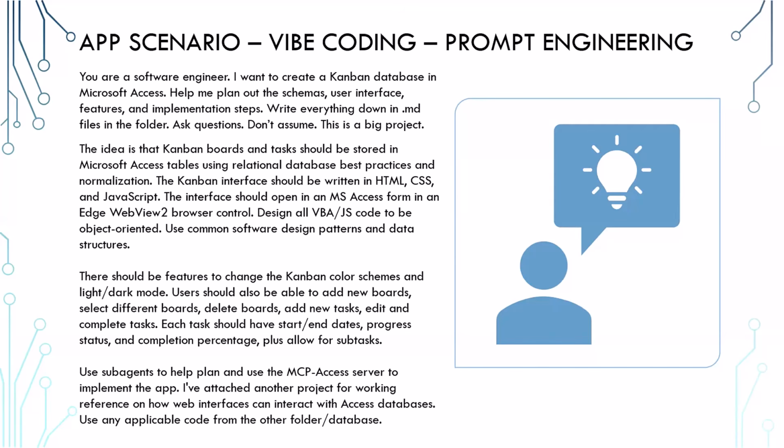And then lastly, use subagents to help plan and use the MCP Access server to implement the app. I've attached another project for working reference on how web interfaces can interact with Access databases and use any applicable code from the other folder or database.